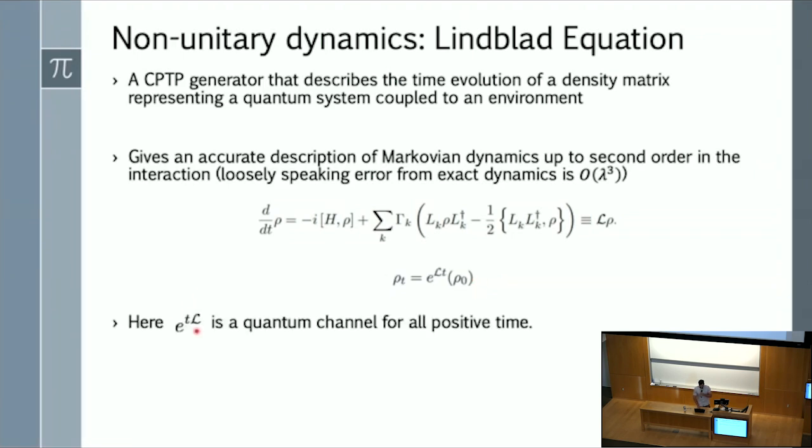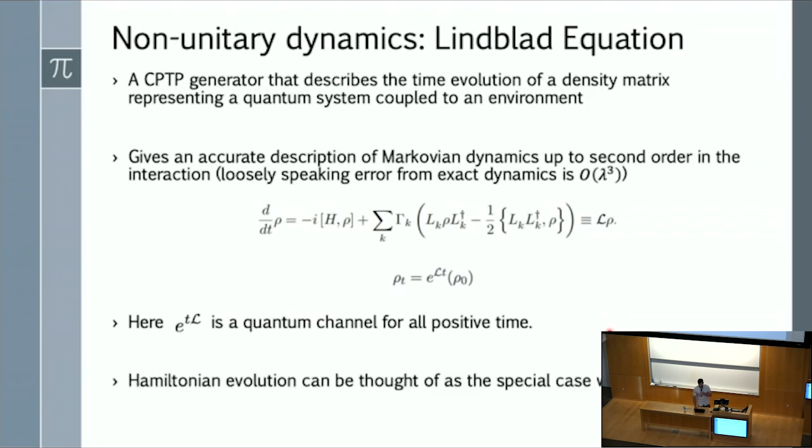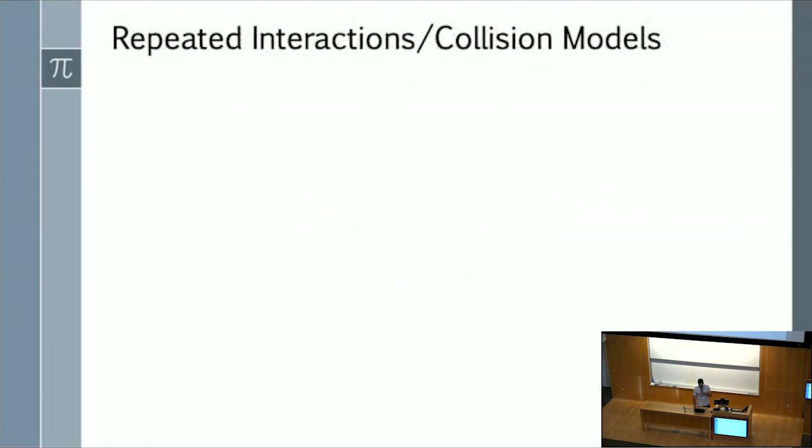An important fact is that this is a quantum channel for all positive time. This is also what makes it difficult to come up with algorithms for Lindbladian simulation, because the higher order Trotter formulas need negative time, and then we no longer have a CPTP map and don't have the nice properties of our density matrix. And this reduces to the von Neumann equation when all these jumps are zero, of course.